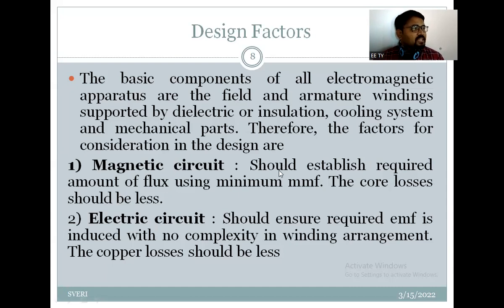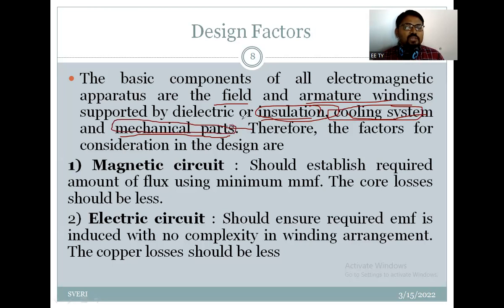But along with them there is always insulation, a cooling system, and different mechanical parts which constitute one electrical machine. It is not only the armature winding or field winding; the machine also has conductors with insulation, then a cooling system, then different mechanical parts. When all these parts are combined, the final output is the electrical machine. So whenever we design that machine, we take reference of the field winding, armature winding, as well as the insulation, cooling system, and the mechanical parts.